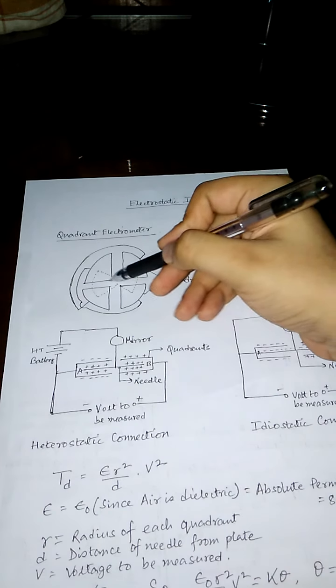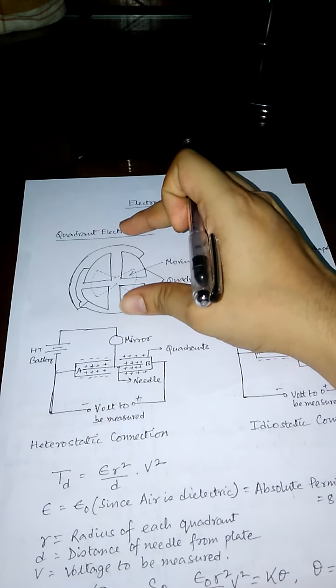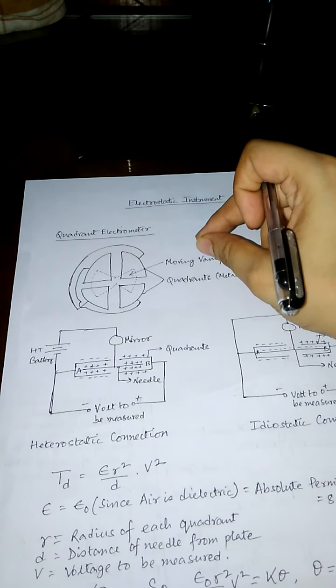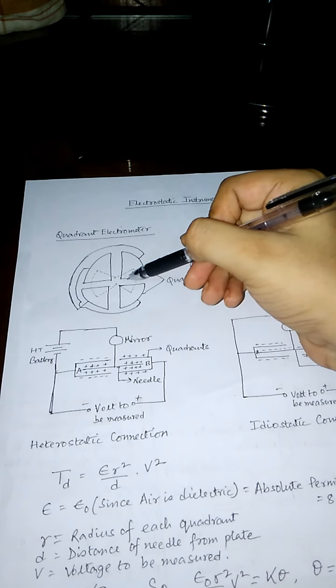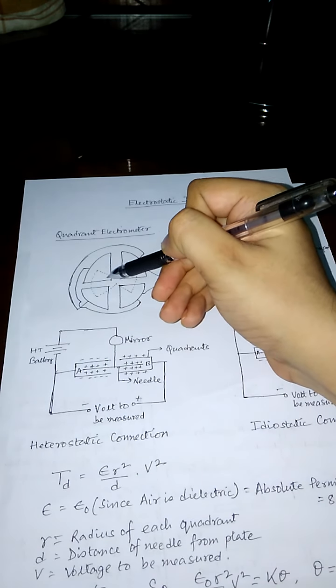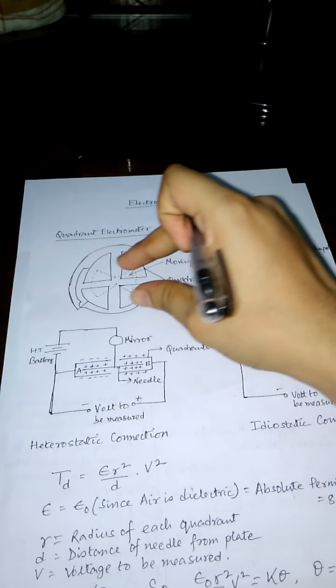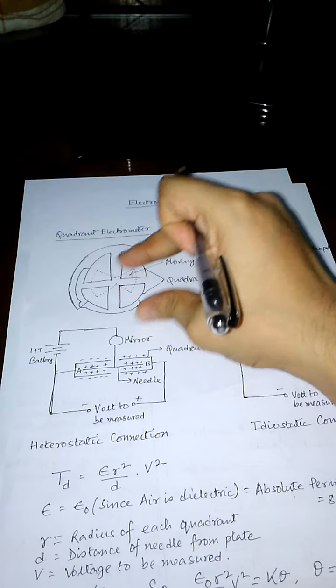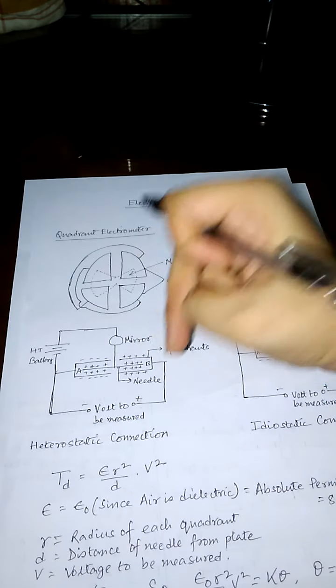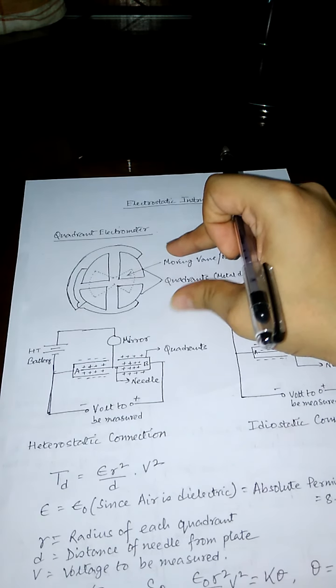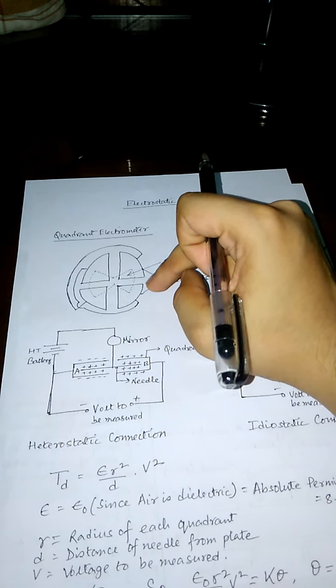See what happens, this moving vane can be suspended from the top by use of phosphor bronze or silver quartz thread, and the arrangement is such that this moving vane is in the middle part of the quadrants. So how is it arranged? See our arrangement clearly.